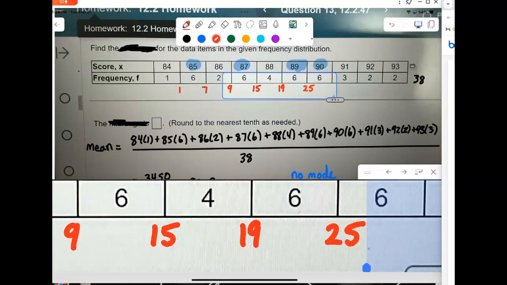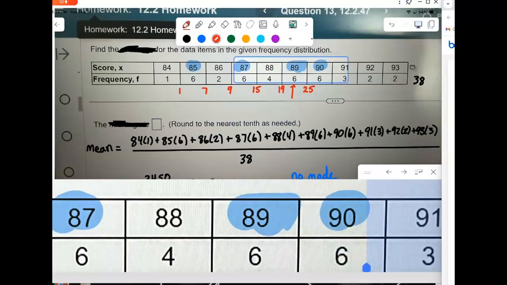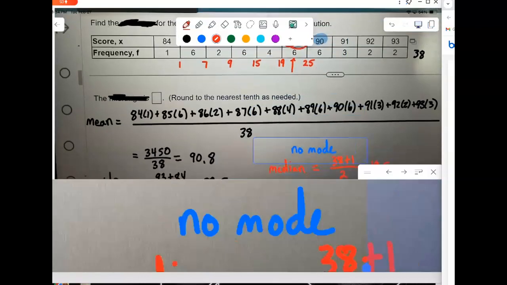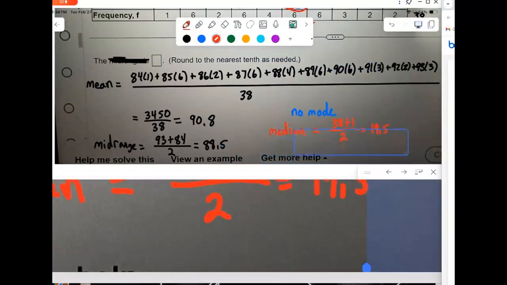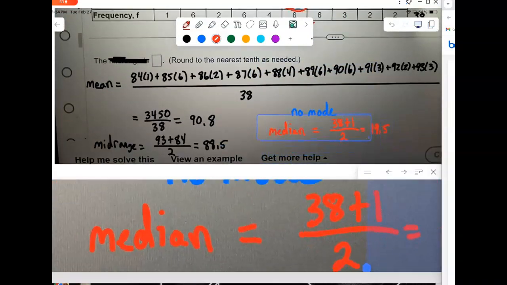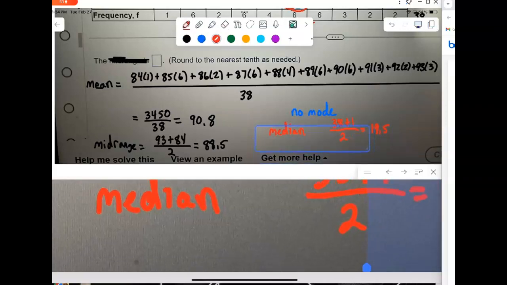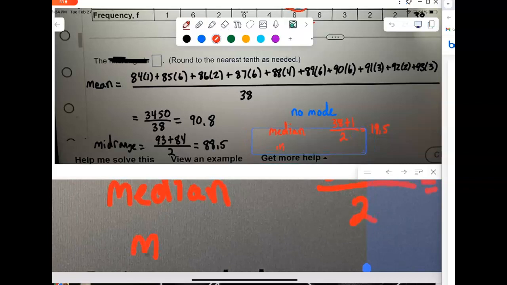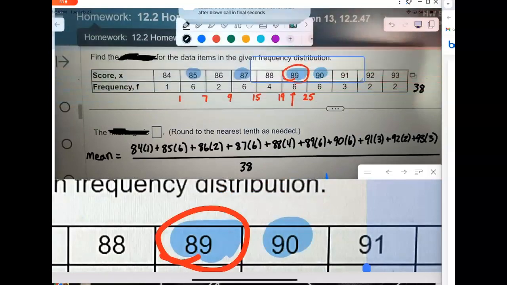And we know that our median value, position 19.5, would be somewhere in this group right here, which marks us at the value 89. So our median is equal to 89.